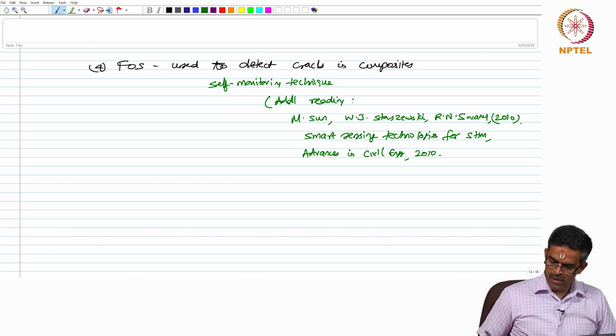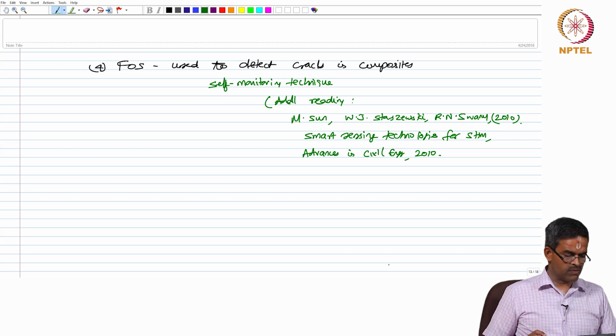Let us see how these kind of sensors work.